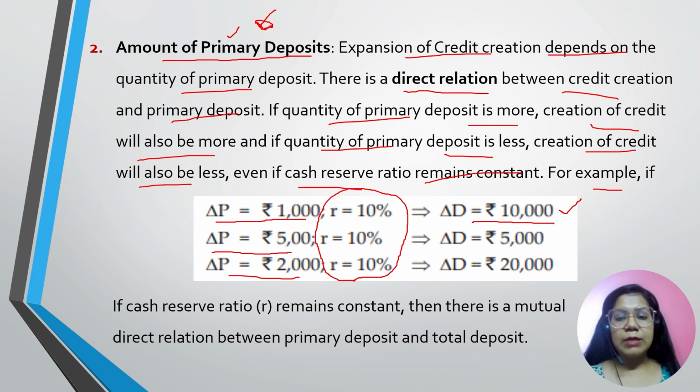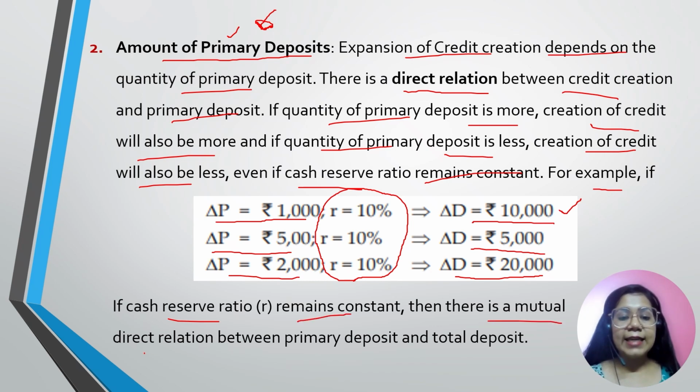When we decrease the primary deposits to 500 rupees, the change in total deposits is only 5,000 rupees. But when we increase primary deposits to 2000 rupees, the change in total deposits is a high amount, which is 20,000 rupees.